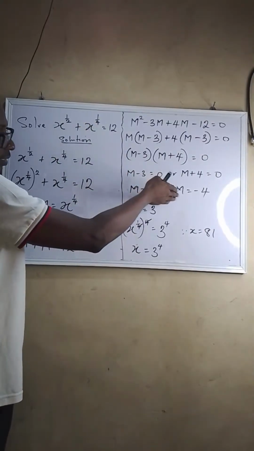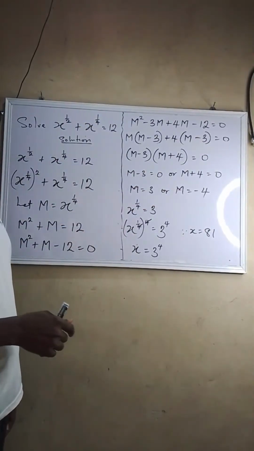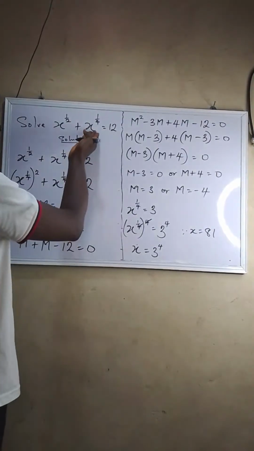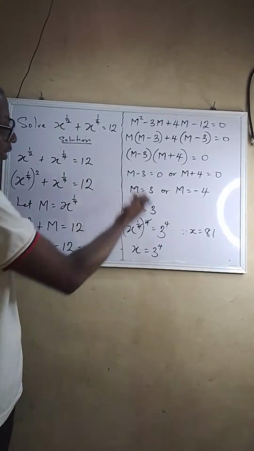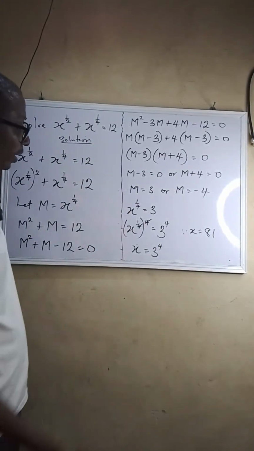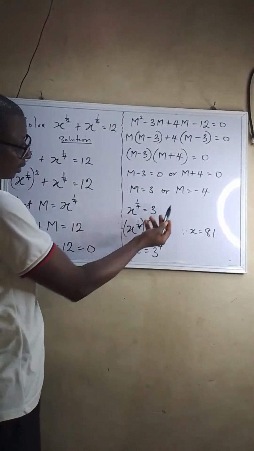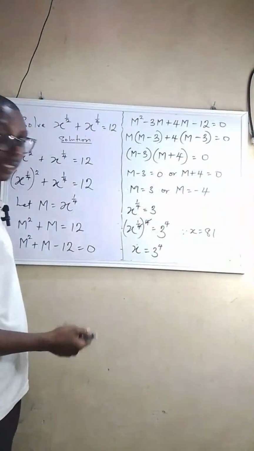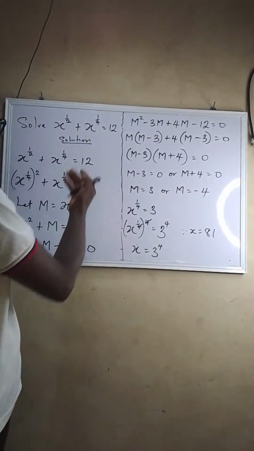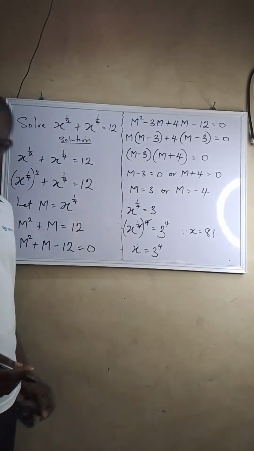So that is an extraneous solution. You can try that. Just follow what I just did and substitute inside this equation. You will see that you will not have the result. The reason being that you cannot get the even root of a negative number, right? So that is the solution to that problem.